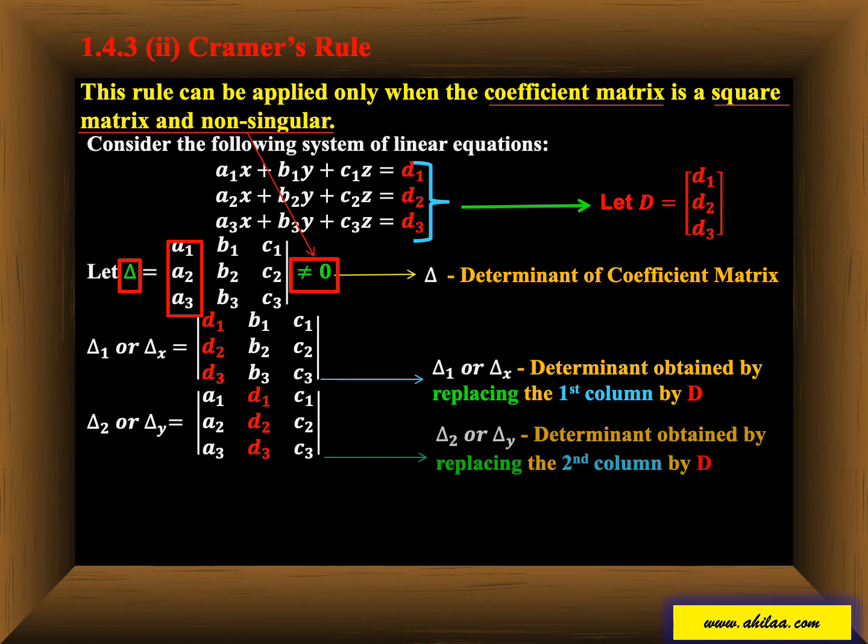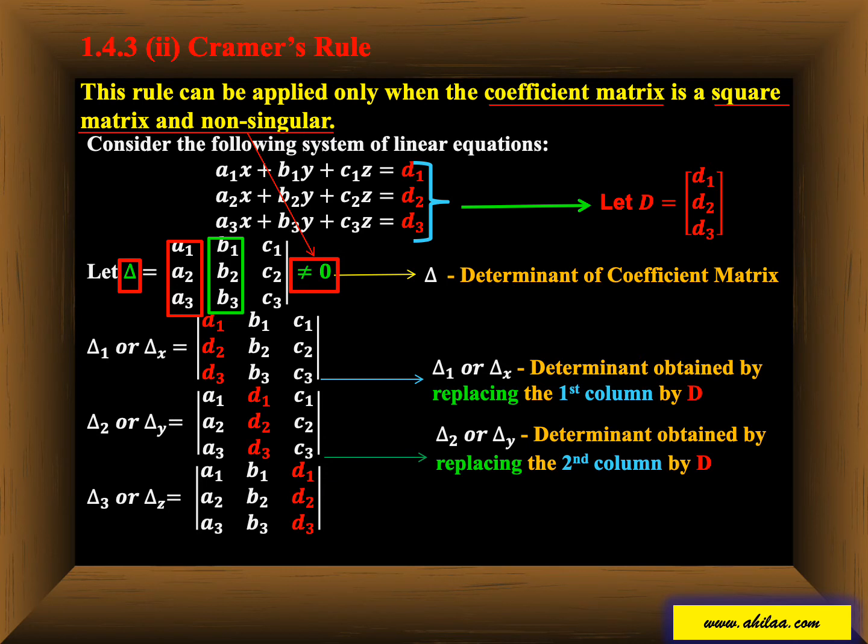We replace the second column by capital D. So, second column d1, d2, d3. Third column as it is. So, what is delta 2 or delta y? The determinant obtained by replacing the second column by D. So, instead of b1, b2, b3 in delta, we have replaced it by d1, d2, d3.